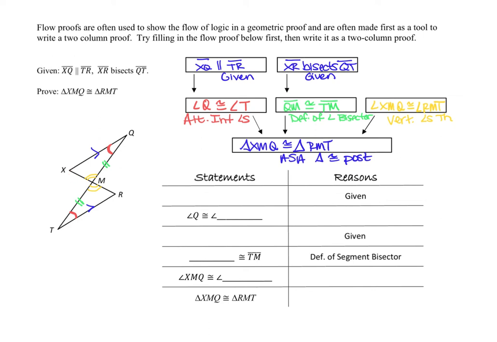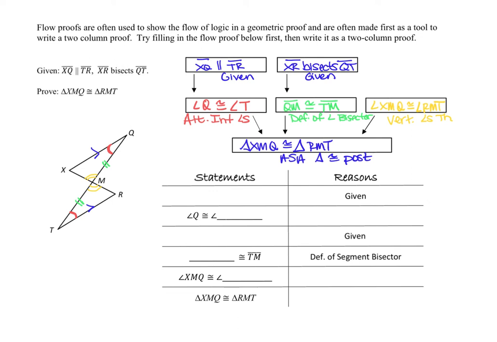So if we did these two angles, then it would be angle, angle, side. So if you use X and R, this would have been angle, angle, side, but if we use the Q and the T, it becomes angle, side, angle.